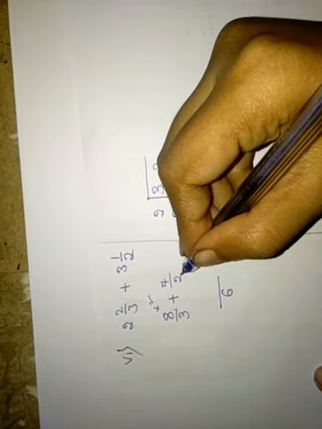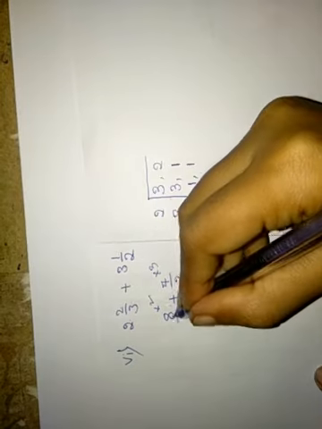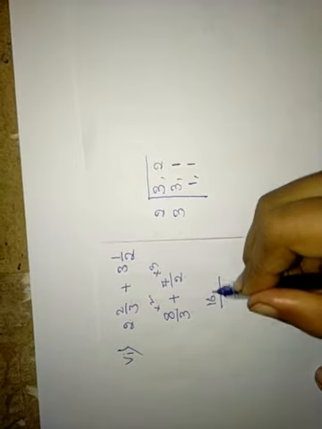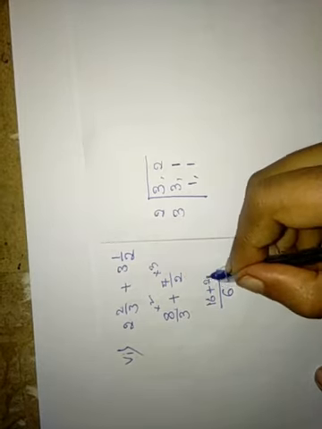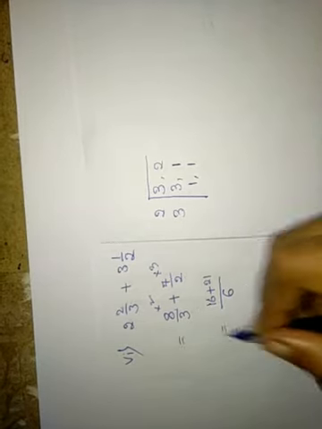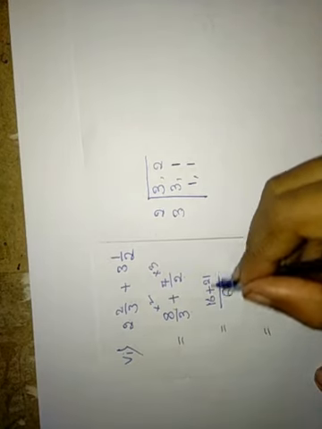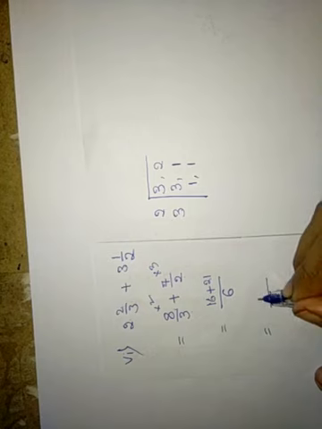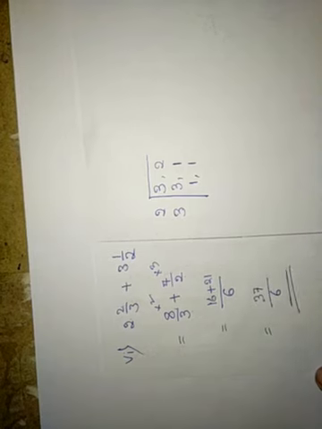And here, to make this denominator 6, I will multiply it by 3. Now 8 2s are 16 plus 7 3s are 21. We will keep the denominator as it is. 16 plus 21, we get 37. This is the required answer.